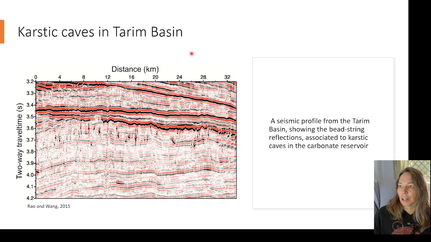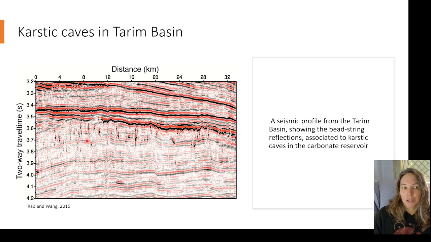All right, here are some karstic caves, and I'll have a lecture on karsts later on specifically, but just as a quick example, karsts are something that we're often very interested in carbonate reservoirs for different purposes. And these karstic caves are these little tiny high amplitude blips. So we'll just pause and think, okay, we don't expect them to be large continuous structures.